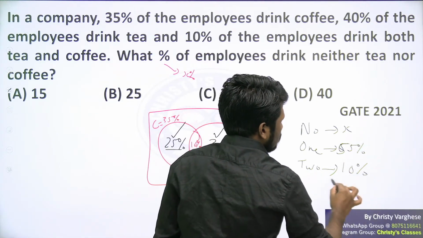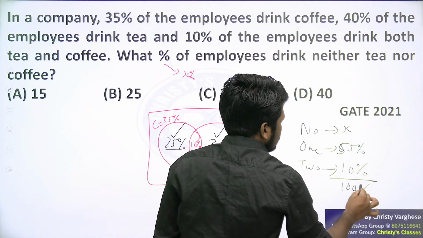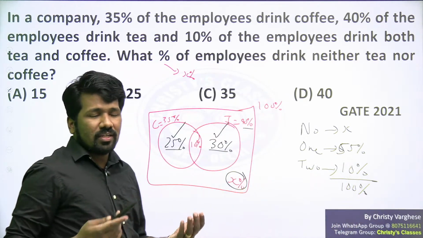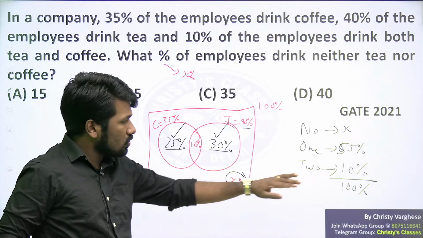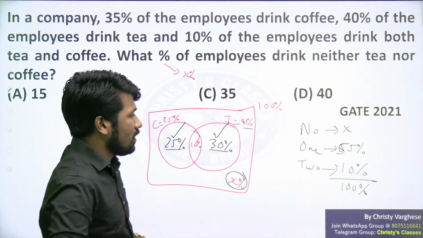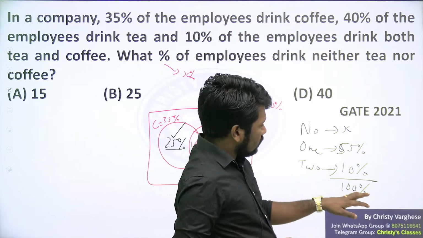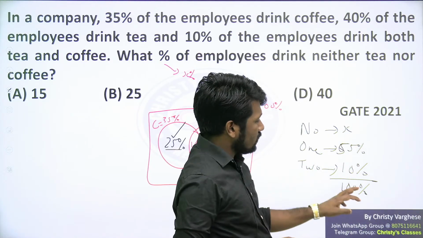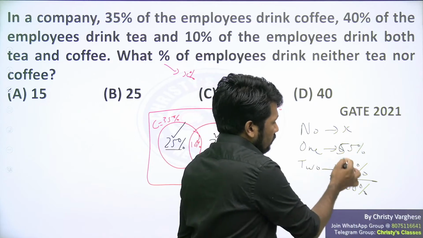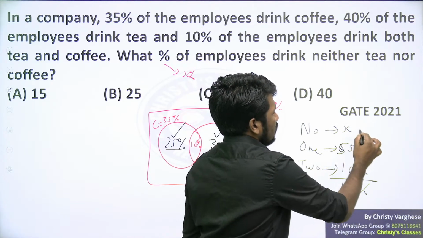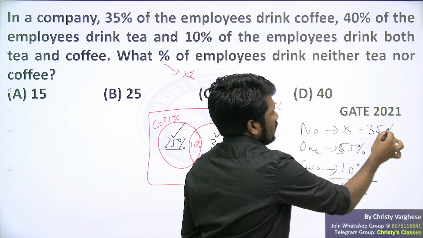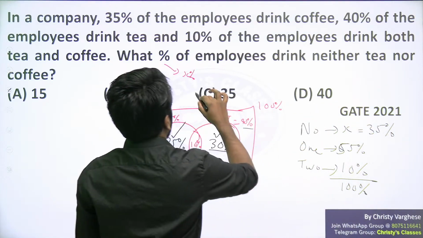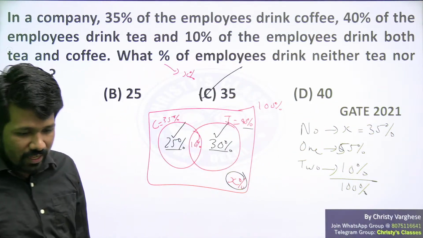Adding all these up, you should get 100% now, because it is written in percentage, so you already know total is going to be 100%. So from 100%, if you subtract these two, you will get X value, that is 100 minus 65, 55 plus 10 is 65, will be equal to the answer, that is 35%. So option C, 35% is the answer.